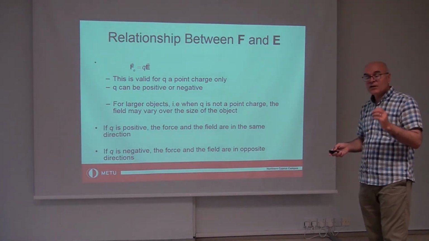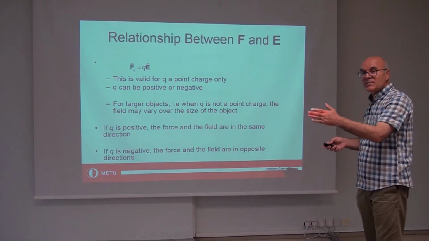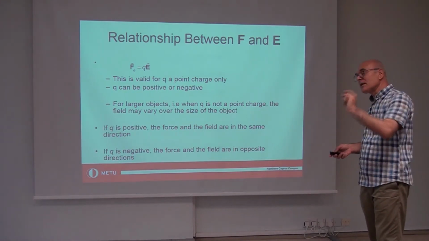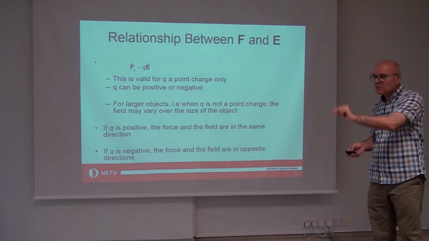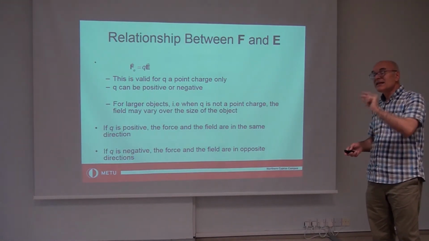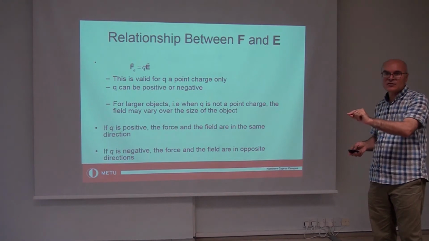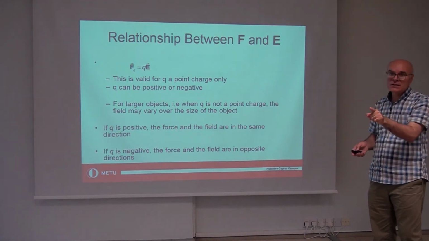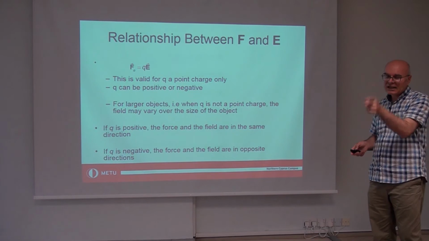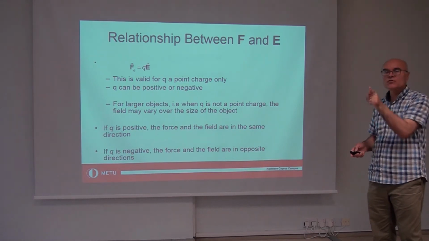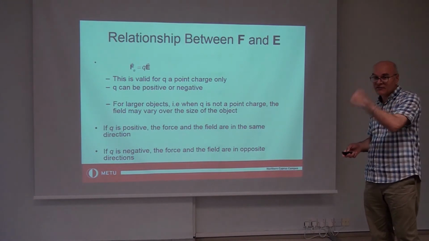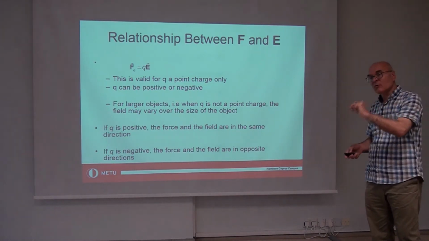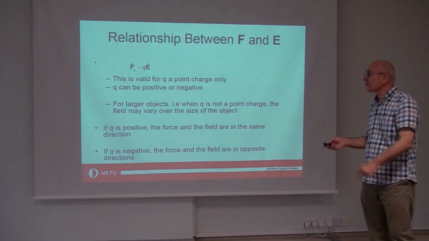Therefore, if we have an electric field at some point in space, and we bring in a negative point charge and put it there, then the direction of the force on that negative charge will be opposite to the direction of the already existing electric field at that point where you have put the point charge.